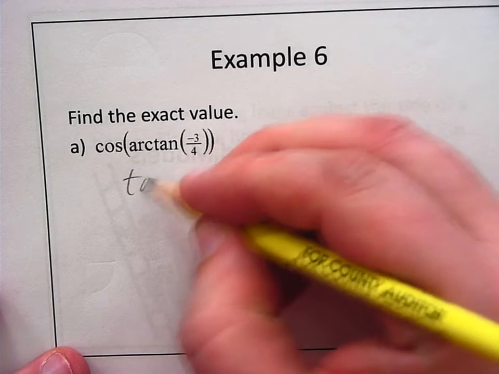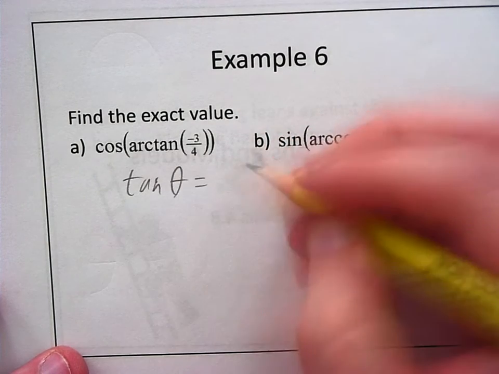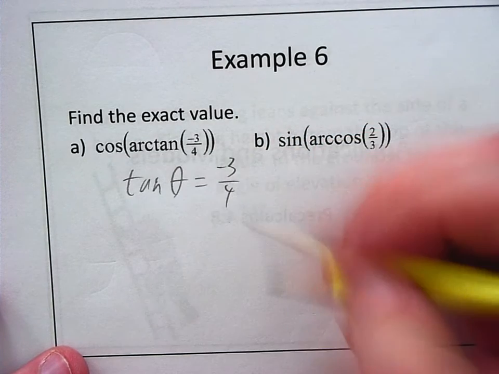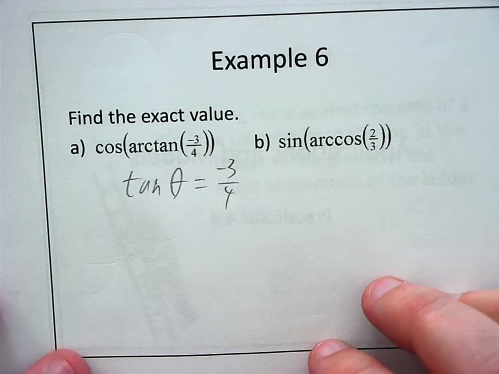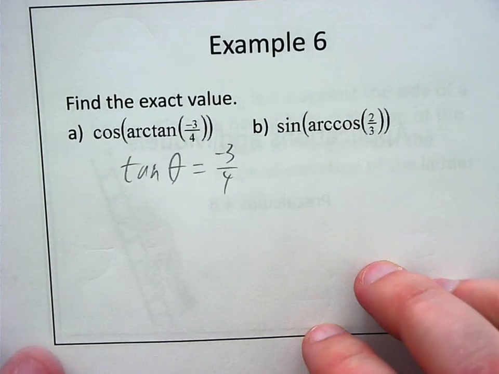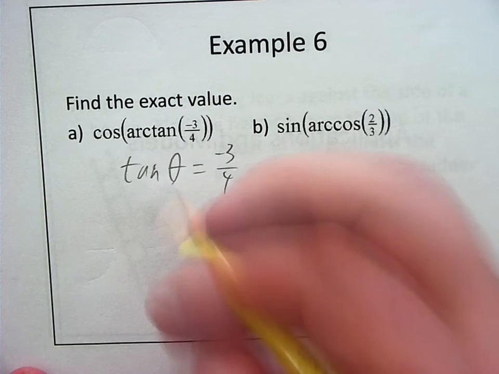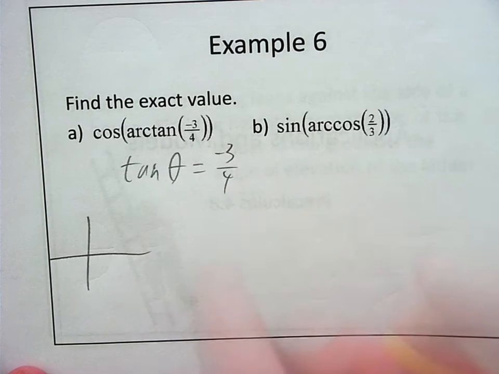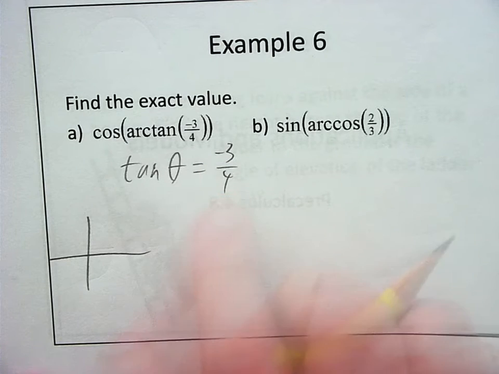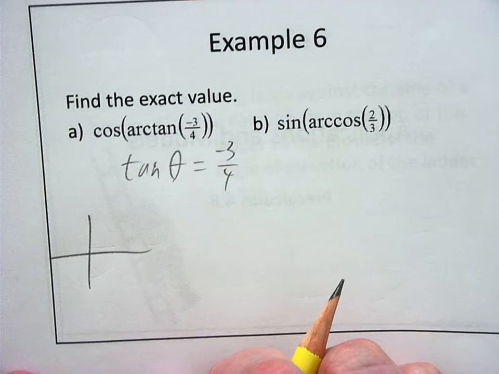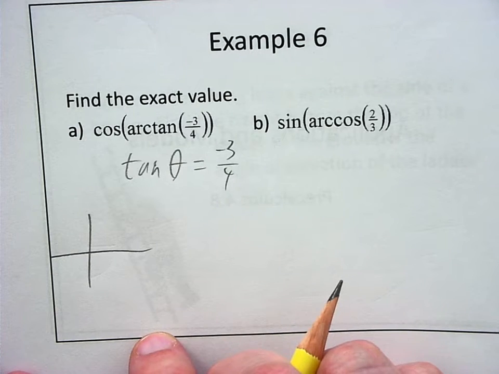What this means is tangent of theta is equal to -3/4. Now, arctangent only works in which two quadrants? 4 and 1. Since this is -3/4, would it be 4 or 1? 4, because tangent is negative in the fourth quadrant.